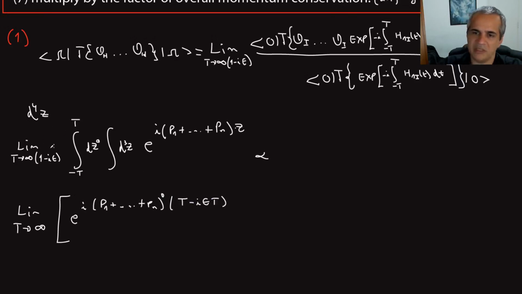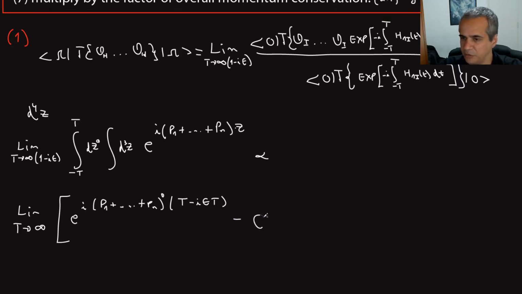I'm doing the same thing I'm doing here, but now I have explicitly the real and the imaginary part of the time component written here, and I can write the limit in a slightly different way. This is part of the exponential here.